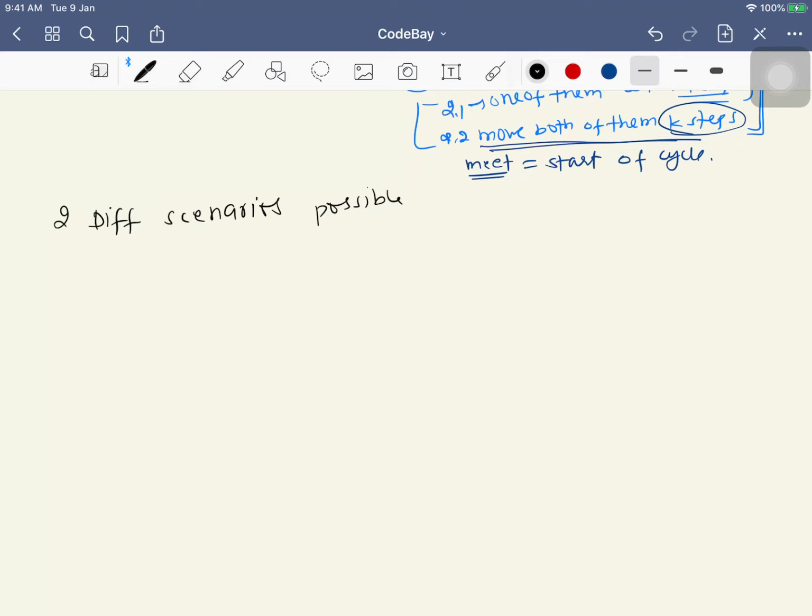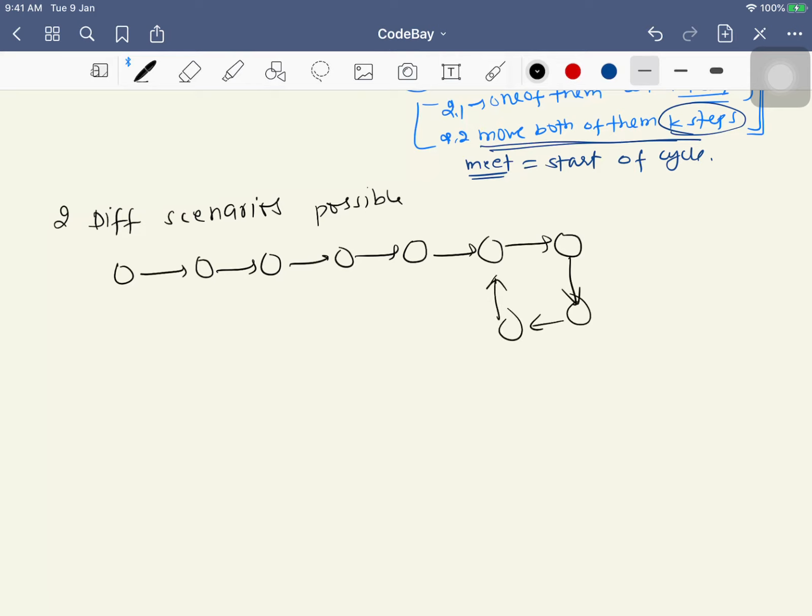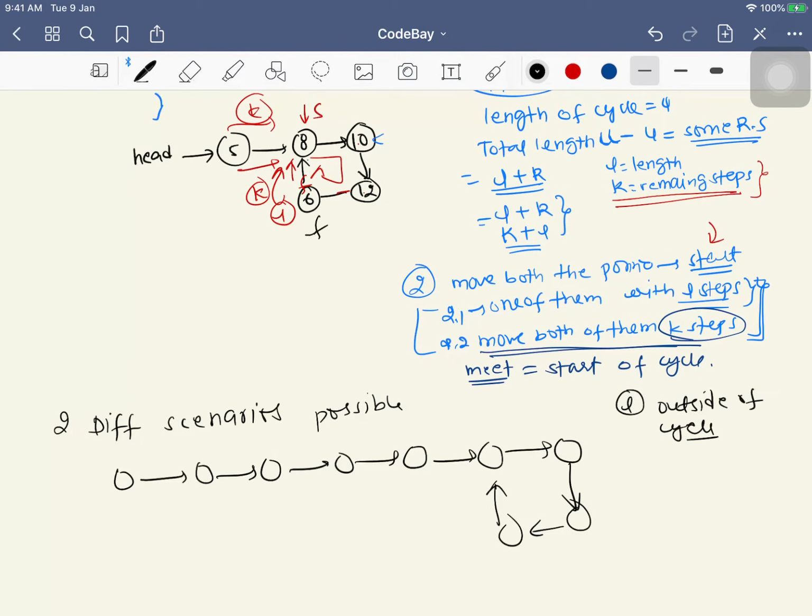Now say we have the linked list like this, and in this case the point of L steps would be outside of the cycle. Earlier, the point where F was initially pointing was inside the loop.